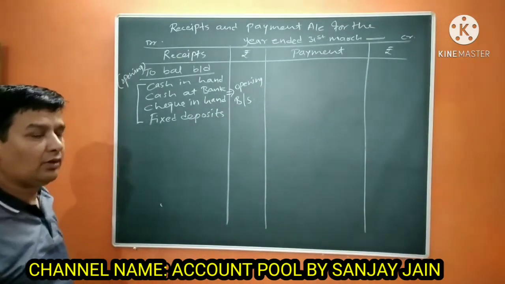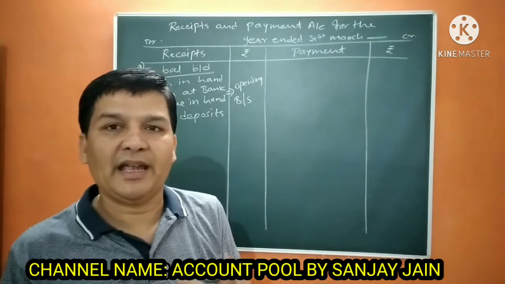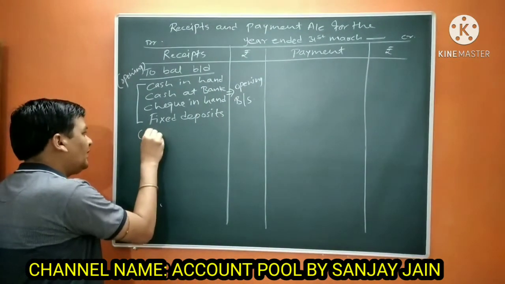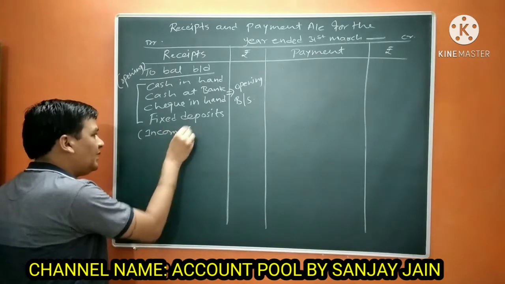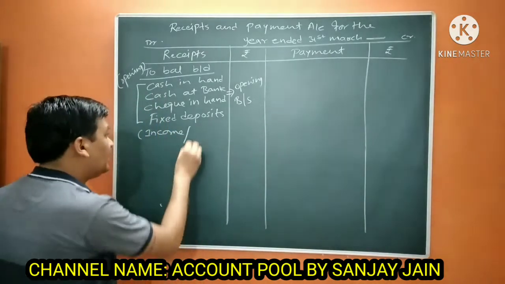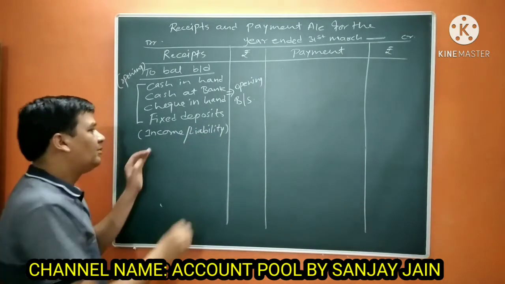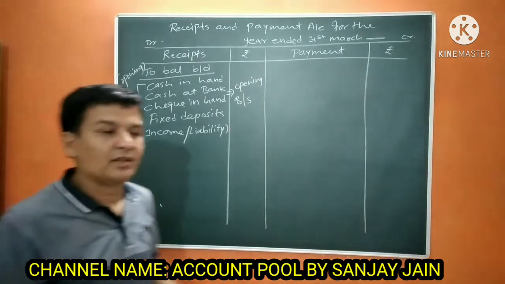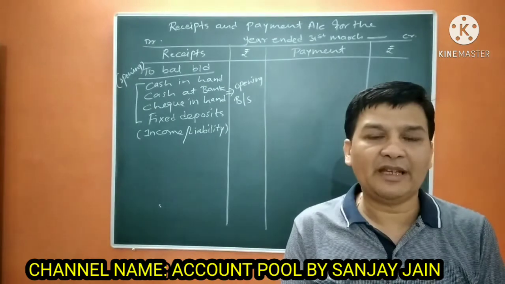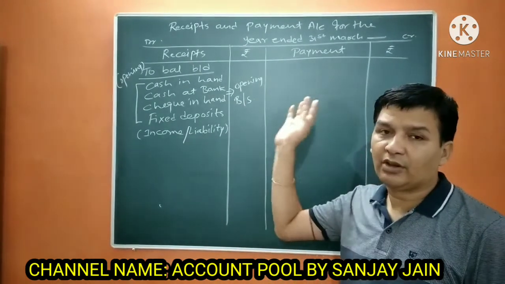Now, as you know, the amount received by an NPO may be income, or it may be a liability. How is it income or a liability? Suppose any donation is received by us. When we are receiving any amount, it is not our expenditure.